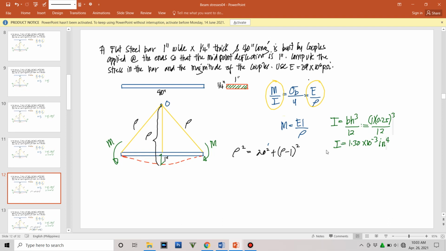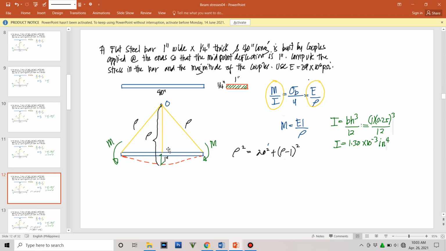For the rho, we will just have to use the Pythagorean theorem, because in here we have a right triangle. So considering the right triangle, of course rho here will be the hypotenuse, and the leg is half of 40, so this dimension, that will be squared, plus the other leg, the vertical leg, which is rho minus 1.